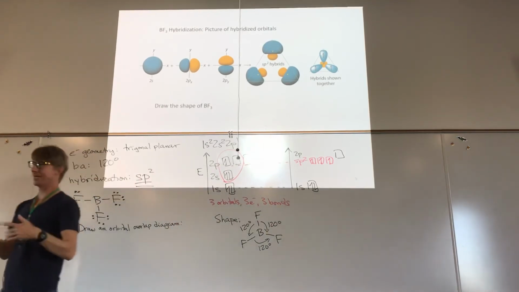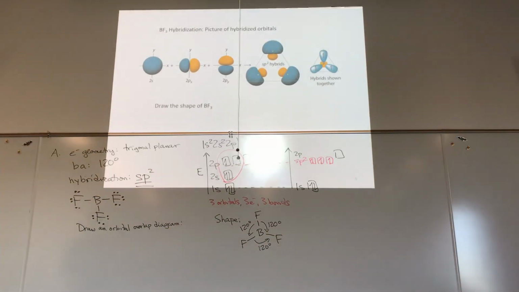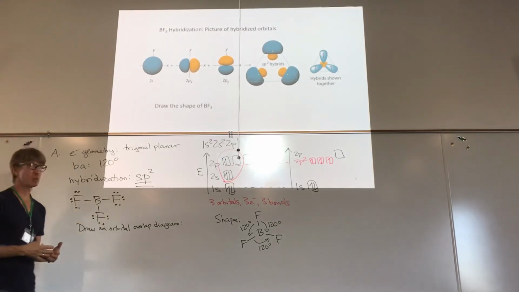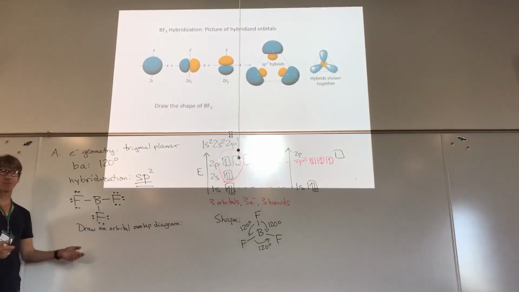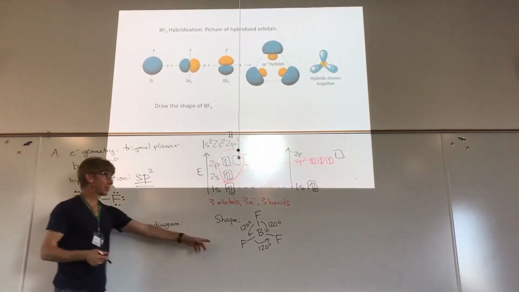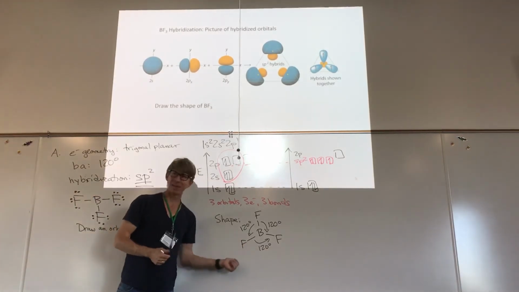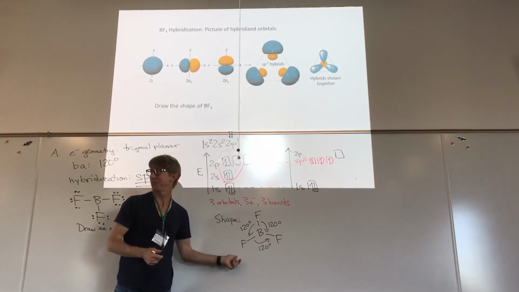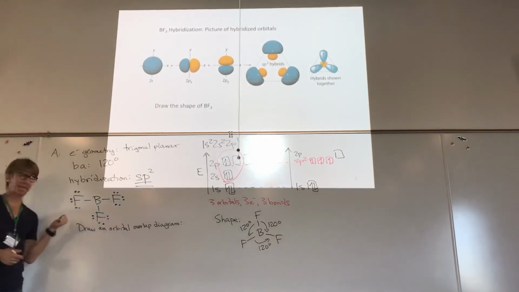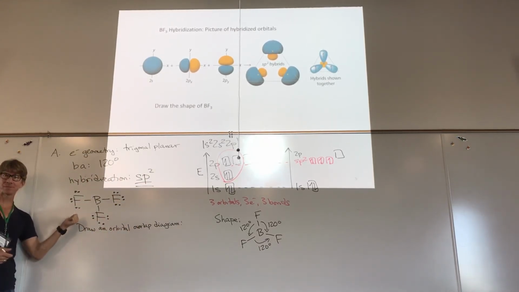As long as I get the idea that it's triangular, it's planar, and they're about 120 degrees. No protractors will be provided on the exam. Don't bring your own. So that's all it means by the shape. Shapes don't have to have all the electrons. They can, though. Lewis structures have to have all the electrons, but they don't have to show shape.